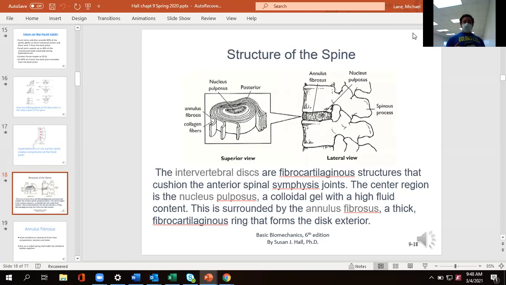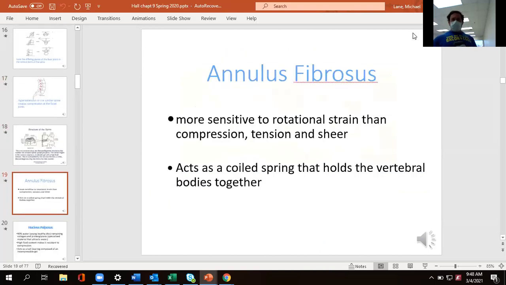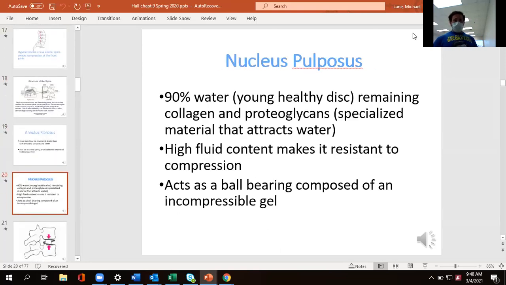This is effectively a kind of gel with a lot of fluid inside of it that holds its position. Now, the collagen is more sensitive to rotational strain than compression, tension, or shear. And this itself works effectively like a spring that holds the vertebral bodies together.